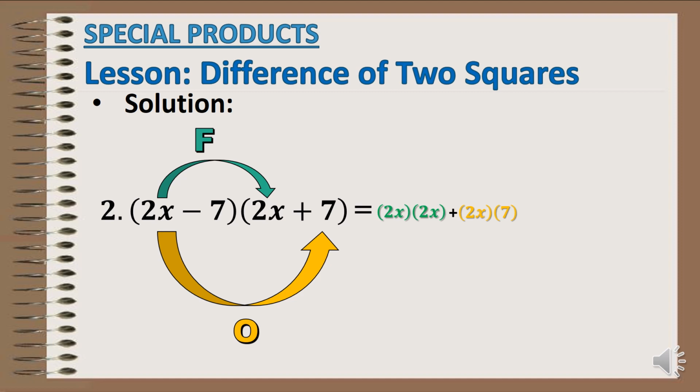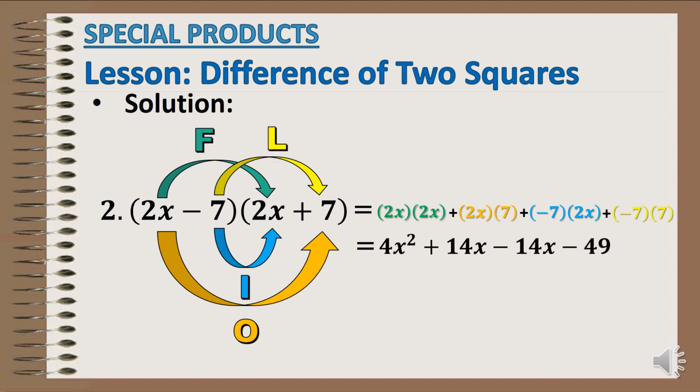Next, our inner terms, plus negative 7 times 2x. Then, our last term, plus negative 7 times positive 7. Then we simplify. We have 4x squared plus 14x minus 14x minus 49. Here, our linear term or our middle term can be cancelled out. And our final answer is 4x squared minus 49.